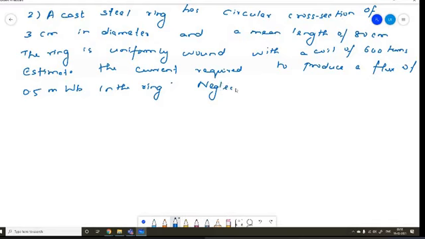So it is given, neglect the leakage flux. Even if this is not given, unless anything is specifically mentioned, you can neglect this leakage flux and fringing.